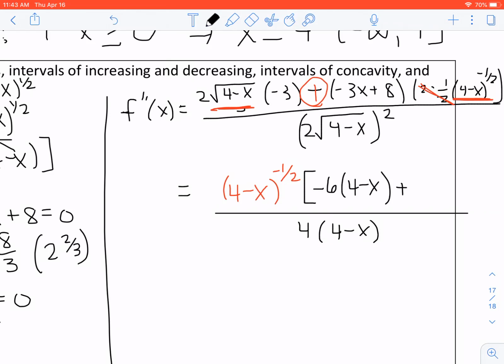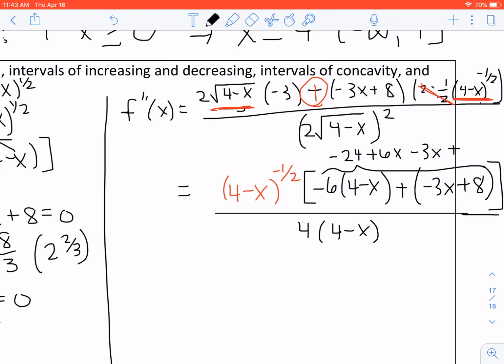And then we have plus, and then we factored out the negative 1, the 2's reduced, so I'm left over with negative 3x plus 8. So in here, we're able to simplify this. So we end up with negative 24 plus 6x, and then we have minus 3x plus 8.